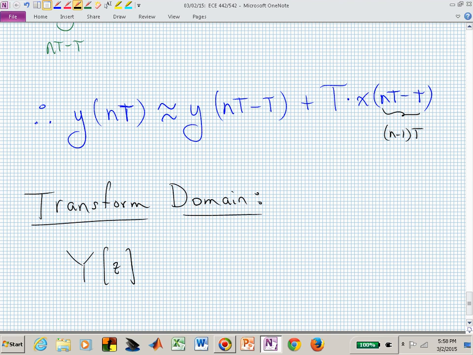And now I know that we are approximating, but I'm going to forget the approximation sign and just say that's equal to. Now, if little y of little n capital T is capital Y of z, when we go from time domain to frequency domain, what's the first term on the right going to be equal to?